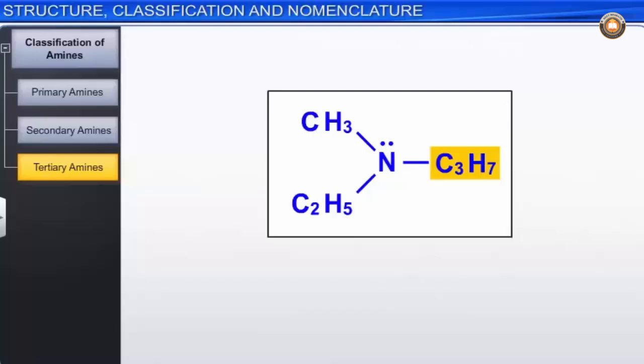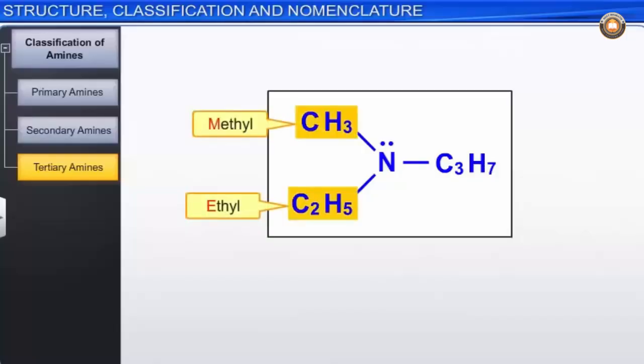The remaining two alkyl groups with the less number of carbon atoms are treated as side chains. Alphabetical order should be followed while naming the two alkyl groups. For example, this tertiary amine with three different alkyl groups is named N-ethyl-N-methyl propanamine.